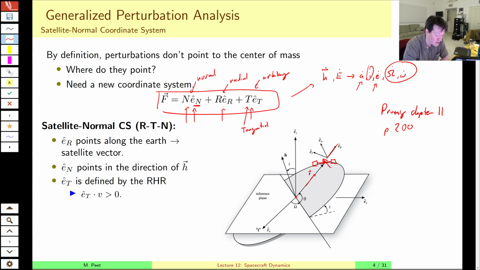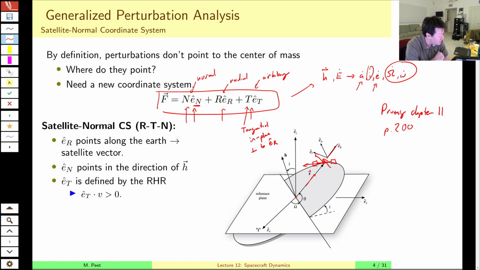So it's actually not tangential to the velocity, which would be what you'd think of as tangential, but if you were in a circular orbit, it would be tangential to the velocity. It's just the one that's in the plane, perpendicular to the radial coordinate.